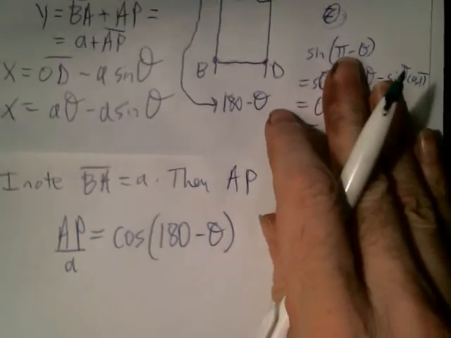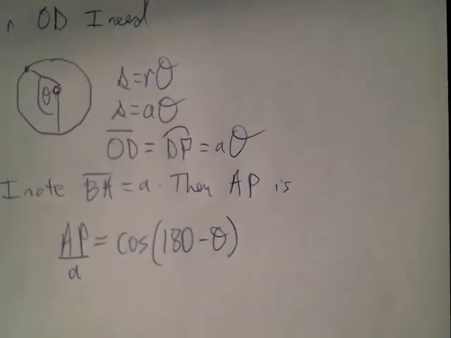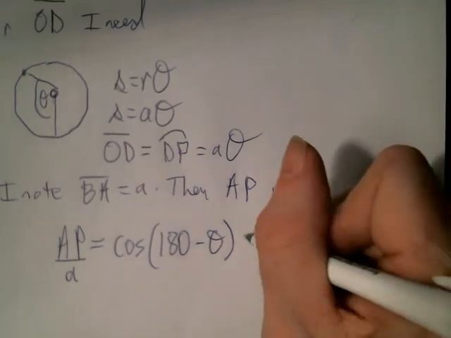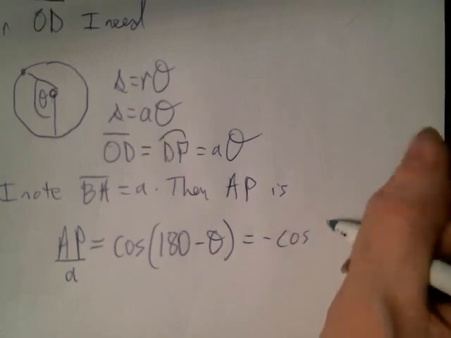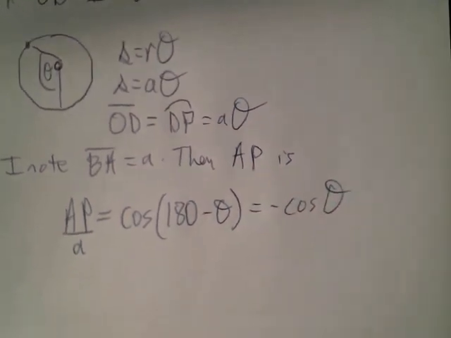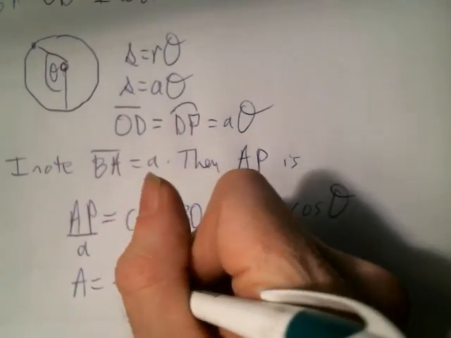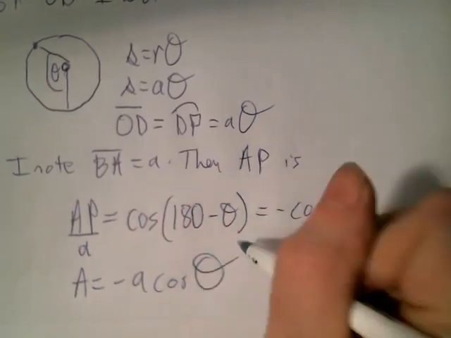If you go through the formula for cosine of 180 minus theta, that's cosine pi cosine of theta. Cosine of pi is -1, so it's negative cosine theta, and then plus sine of pi, sine theta. Sine of pi is 0, so it's just going to be negative cosine of theta. And then you could solve for AP. So AP must equal negative A cosine theta.